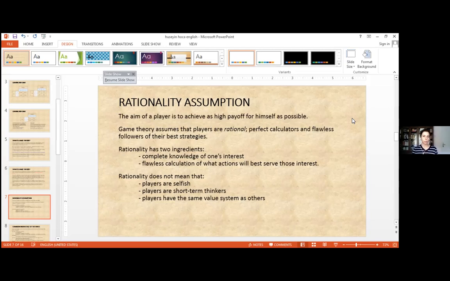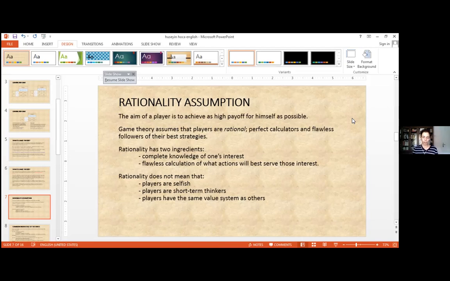And it doesn't mean that players are short-term thinkers, since calculation of future consequences is an important part of strategic thinking. Players think in the long term, actually. And it doesn't mean that all the players have the same values as others. It just means that we are good at pursuing our own value system.